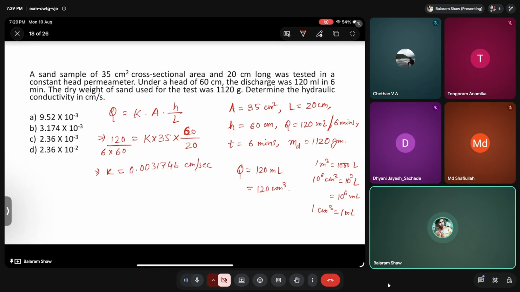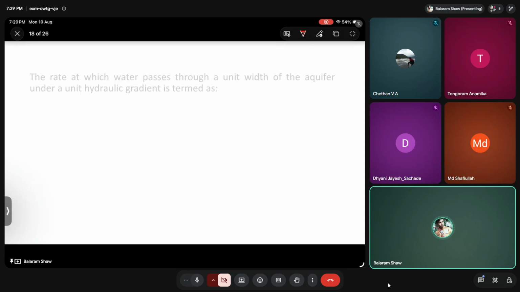This can be written as 3.174 into 10 to the power minus 3 centimeter per second. So you are right, correct. The correct answer is B, that is 3.174 into 10 to the power minus 3 centimeter per second. Any question or doubt in this? If not, we'll move to the next question.